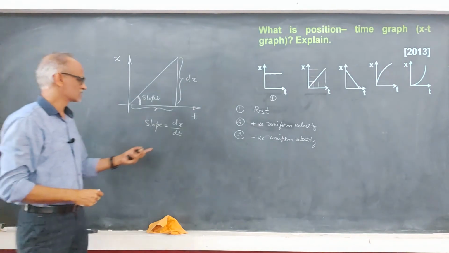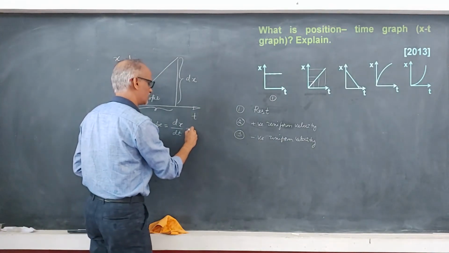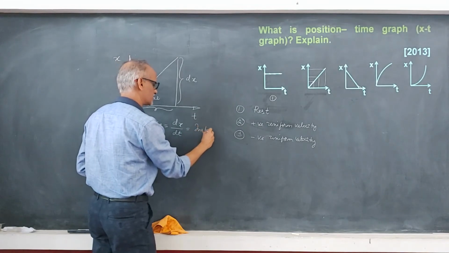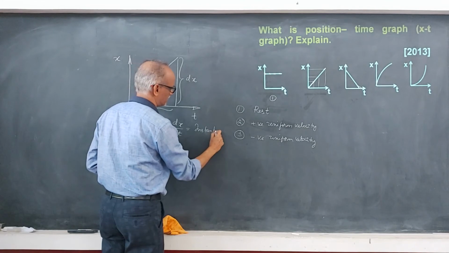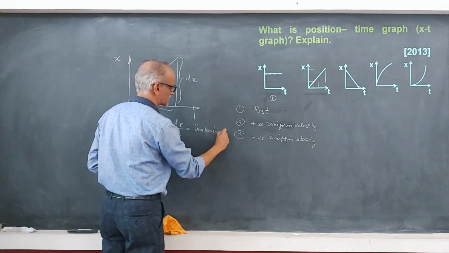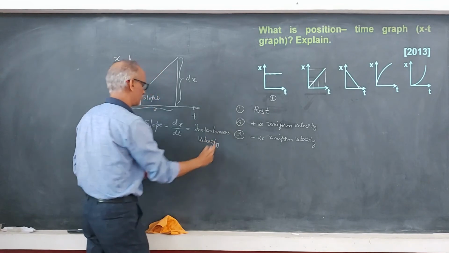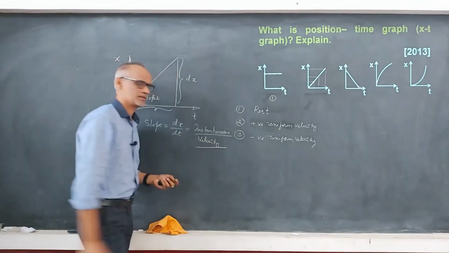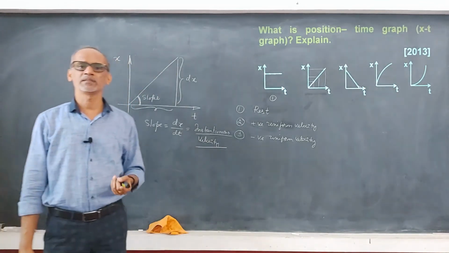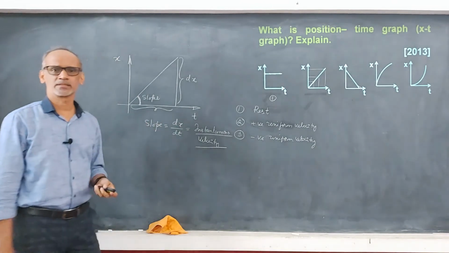And I have already given this formula earlier. What is dx by dt? dx by dt is nothing but instantaneous velocity. So slope of xt graph gives instantaneous velocity, whereas the slope of vt graph gives acceleration.